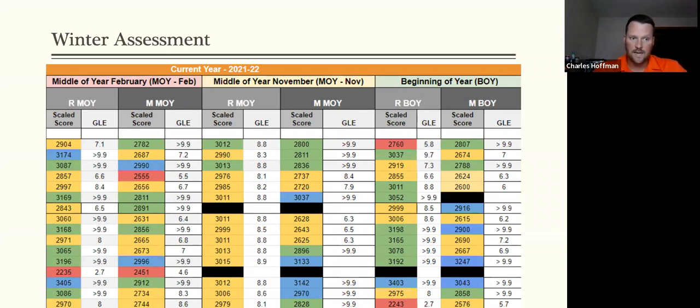We looked at the students, and from beginning of year to those middle of year assessments, where were they primarily? What grade level? And so that's where I received this group of students for the remainder of the year. From February until the end of the year in May, we had this same group of students.